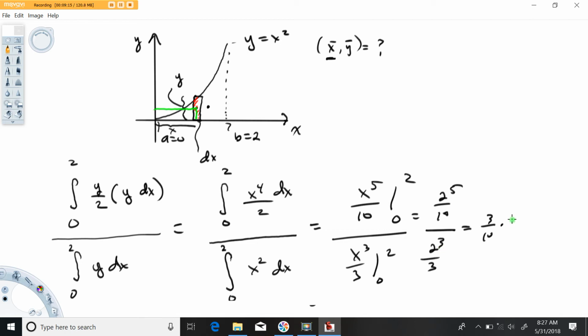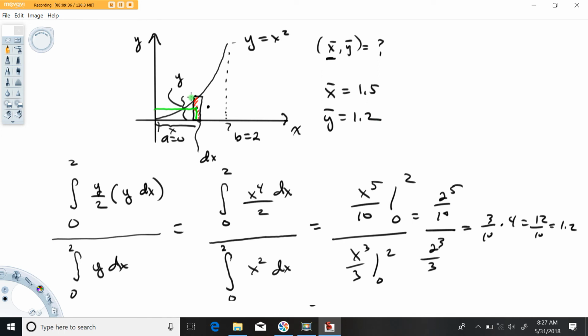That's 2 squared, which is 4. So 12 over 10, 1.2. So the coordinates of the centroid of this region are x bar equals, I think we had 1.5, and y bar 1.2. So that's basically how you calculate centroids.